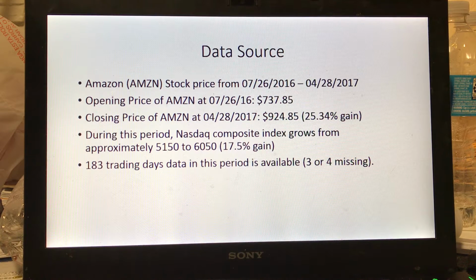For example, if you ask me what the Nasdaq market will be like in 2020 or 2025, it's very likely that the market will look like this. So analyzing this data can be quite representative.